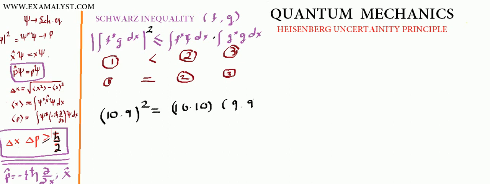After all, this integration will give you a number. Please understand that at the end of the day, whenever you do an integration, you get a number. So the second part is equal to this.